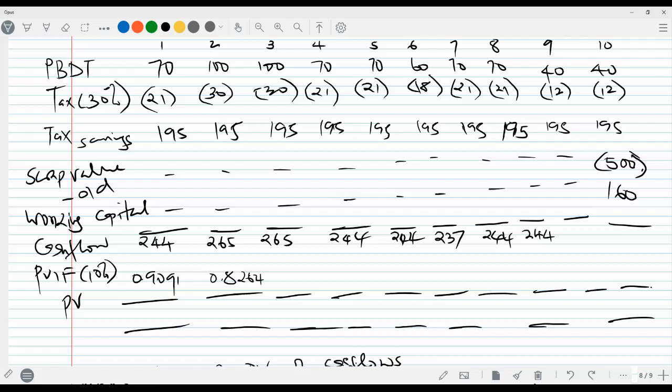Yes, on year 6 and year 8. Year 9, let me just complete year 9. If someone wants to confirm the cash flow, what is the year 9 cash flow? 223. Year 10, negative 117.